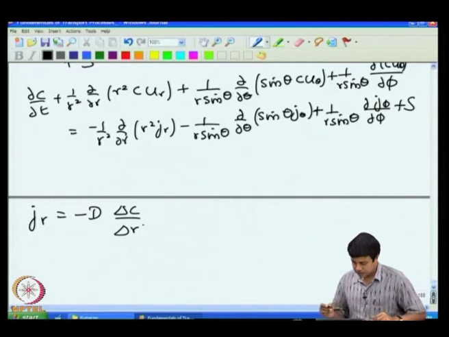That is in my spherical coordinate system.